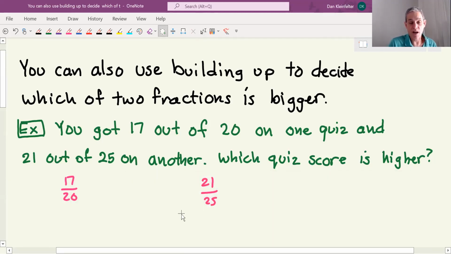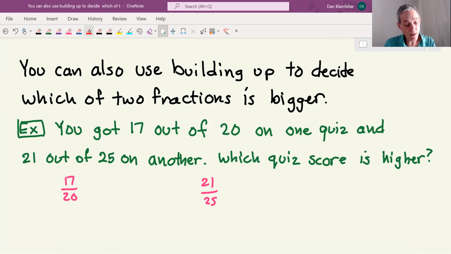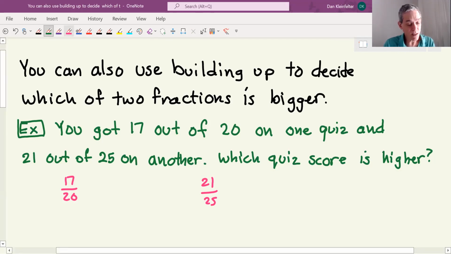After some thought, it should occur to you that both 20 and 25 will divide into 100. So we're going to build up both of these fractions so that they have a denominator of 100. And if they both have a denominator of 100, then we can compare the 2 numerators.